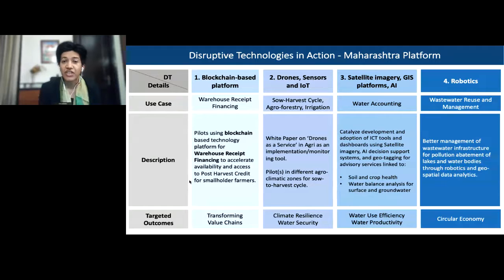This actually traces the sow to harvest cycle in agriculture, and it's particularly focused around climate resilience. This is also very relevant in the current COVID scenario. The third is water accounting through satellite imagery, as well as AI, helping with improved crop and soil health and also water balance analysis. And then the last, which is actually early stages of development, is thinking about how robotics might help with circular economy solutions, including for wastewater reuse. Next, please.